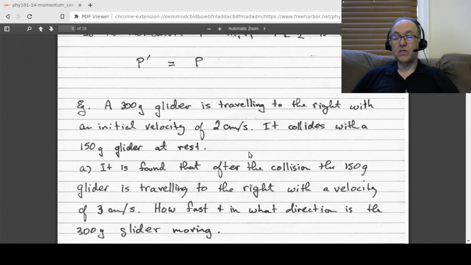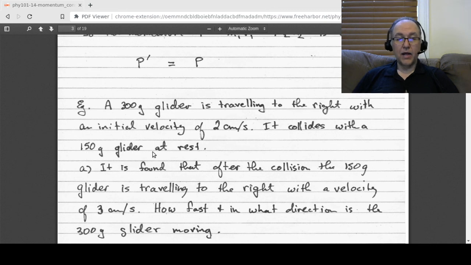You're going to do this in the lab, and in the lab you'll see these collisions, and they'll be quite intuitive, and you'll be able to calculate the same kinds of problems that I'm going to be doing right now. Okay, so a 300-gram glider is traveling to the right with an initial velocity of 2 centimeters per second.